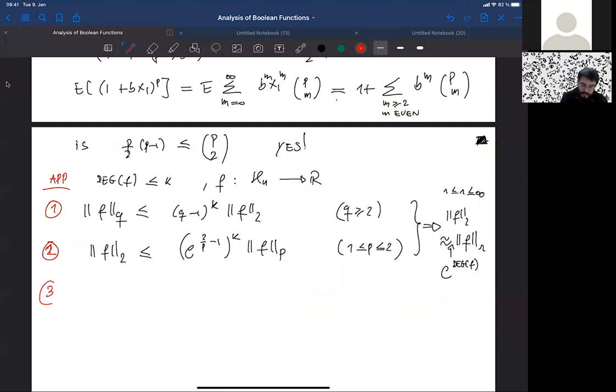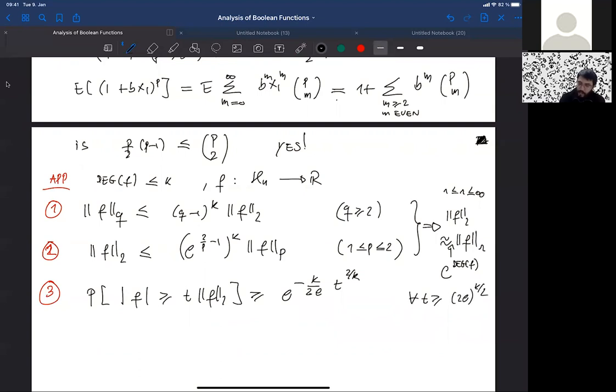Some other application. So you know that if you have a function of a certain degree, it has a certain exponential decay with a polynomial here, and the higher the degree, the slower the decay.